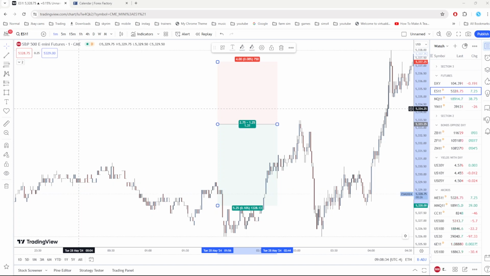Now, we were talking about the ICT PD arrays, and you look at those PD arrays and you decide which ones do resemble with you, and you take those ones, and those are the ones that you use in your back testing.